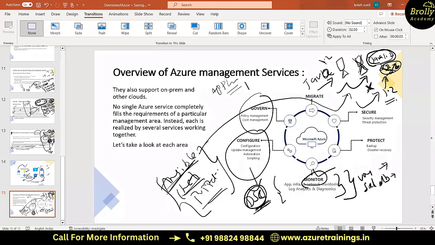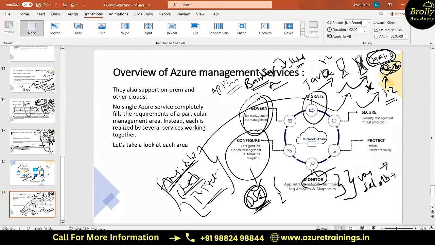Suppose we are deploying a banking application on Azure. We have to check whether this banking application is matching the standards, because different industries have different standards. Whether the particular application is matching the standards or not, we need to check the governance.